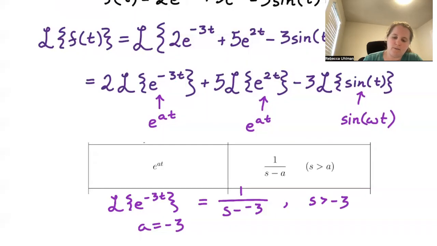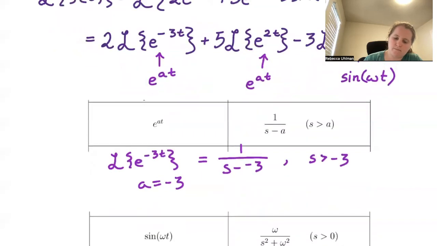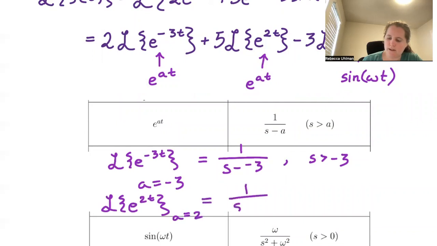Finding the Laplace transform of e to the 2t, we are looking at a equal to 2. So we are just looking at 1 over s minus 2, defined for s greater than 2.